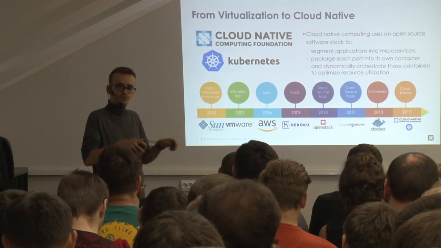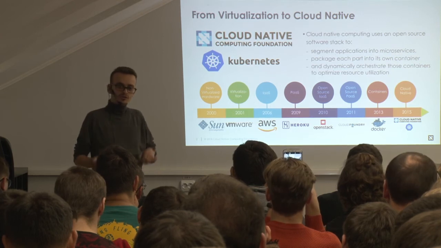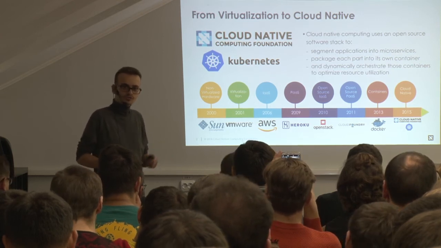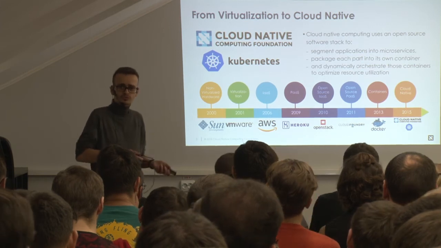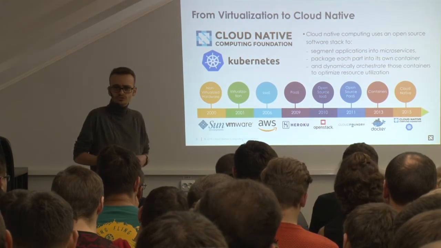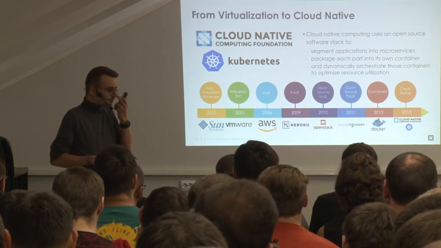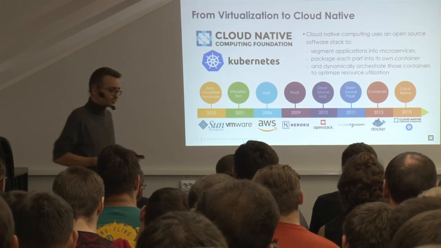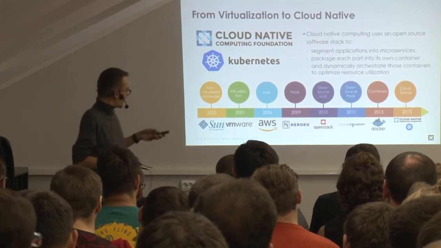So if you have your own data center and your own machines, you can now provision your own compute resources, networking resources and storage resources with APIs that are delivered by OpenStack. Unfortunately, today OpenStack is not so popular for multiple reasons, but we will not cover the topic now.